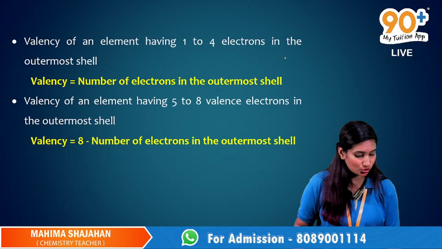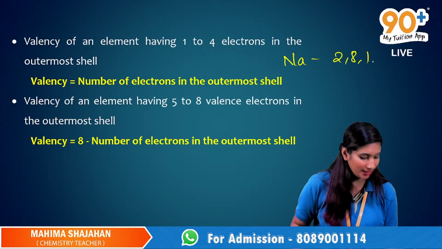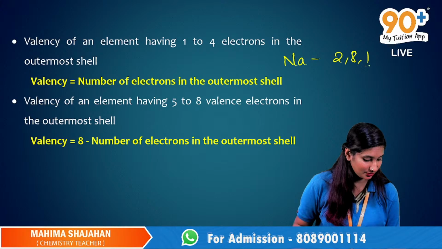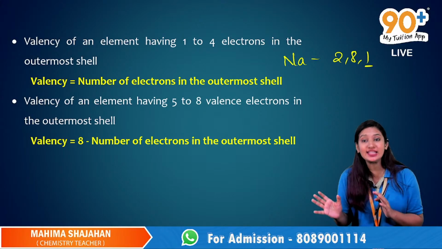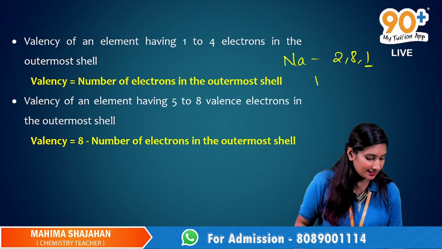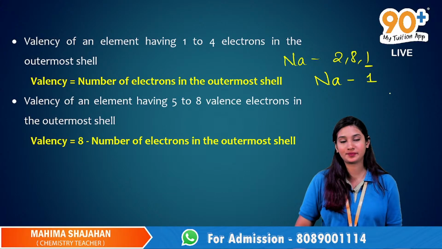Now, what about sodium? Sodium is 2, 8, 1. Valence electrons is 1, so the valency is equal to the number of valence electrons. The valency of sodium is 1.